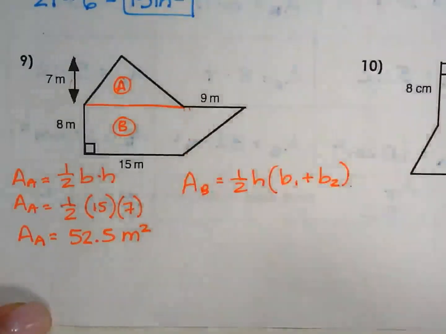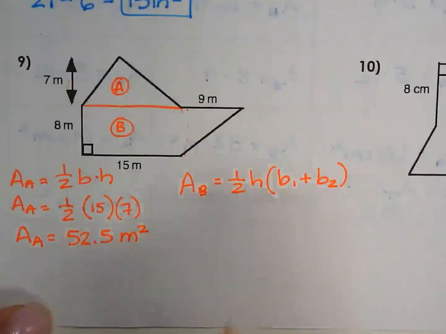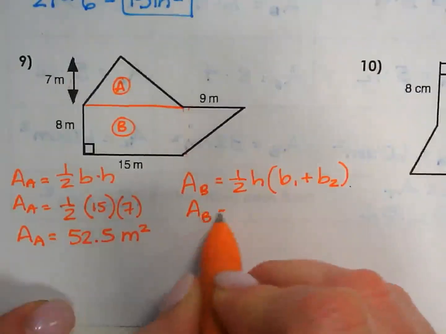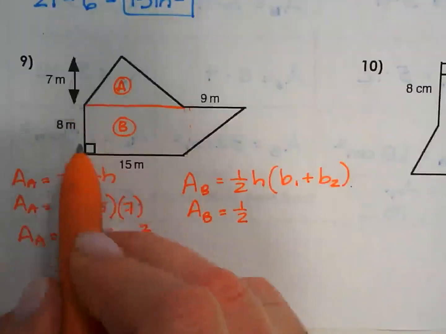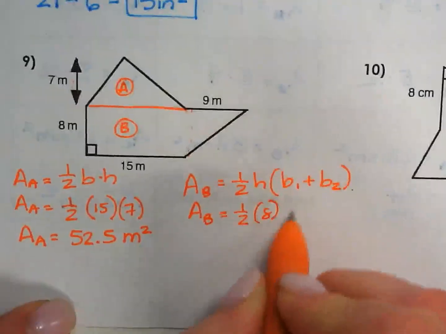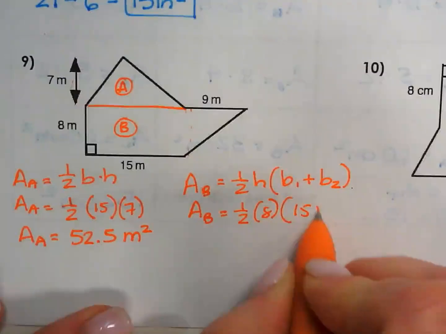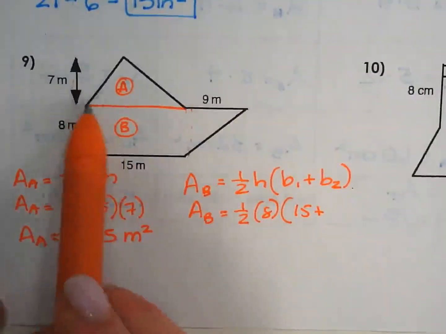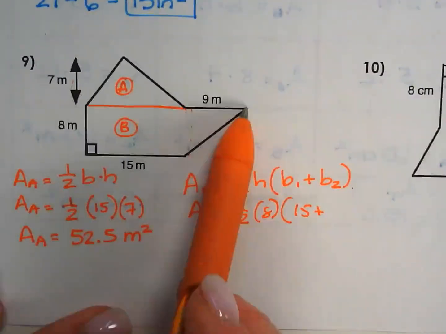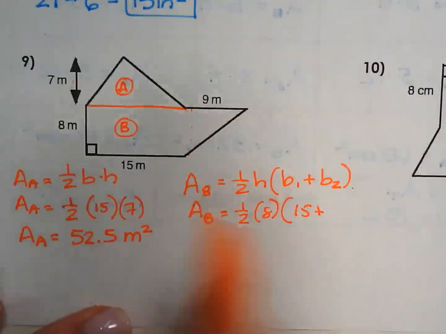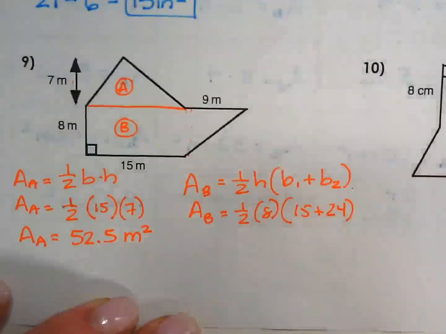The area of B is 1/2 the height times the sum of the bases. Again, you can look at this formula a lot of different ways. So the area of B is 1/2. Now the height of this trapezoid is 8. And the bases, so this one's 15. But this one is that 15 plus an extra 9. So 15 plus 9 is 24. Okay?